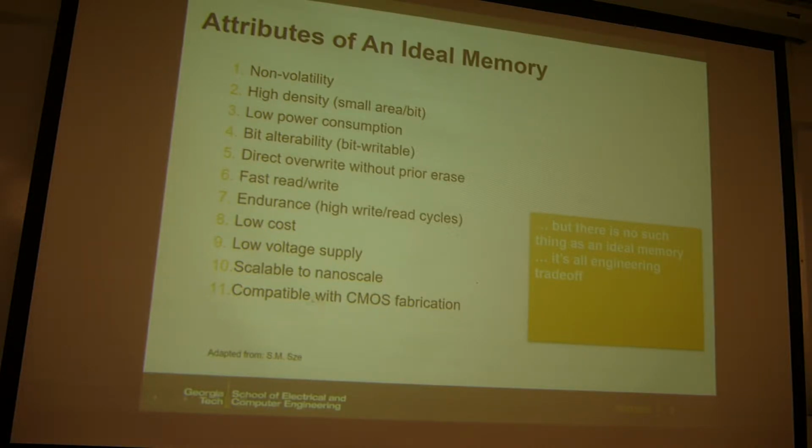So scalable to like below 10 nanometer, compatible with the silicon CMOS fabrication, so you can fab that in the foundry. So those are the ideal characteristics for the memory, but none of the memory can satisfy all of them at the same time. So you have to do the trade-offs.